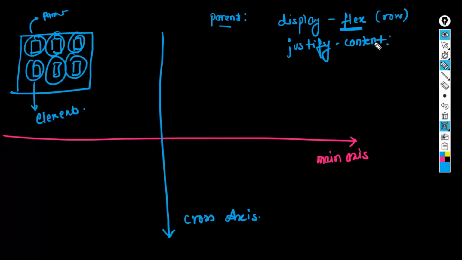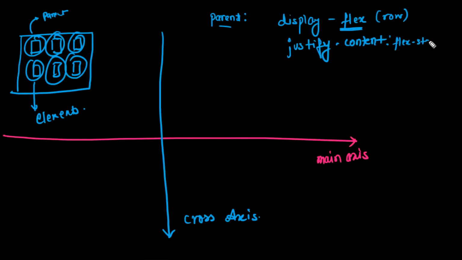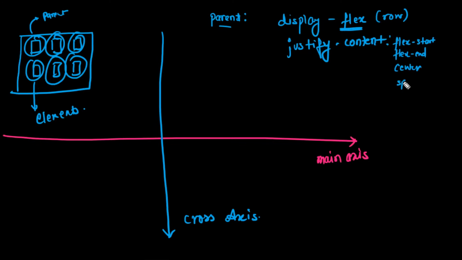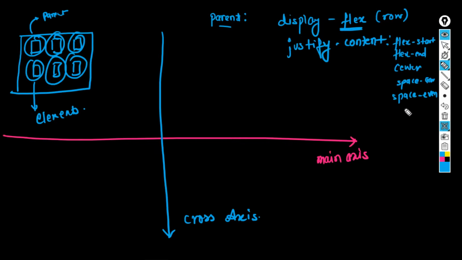Justify content has 6 options, according to the main axis: flex start, flex end, center, space around, space evenly, and space between. These are the values of justify content.